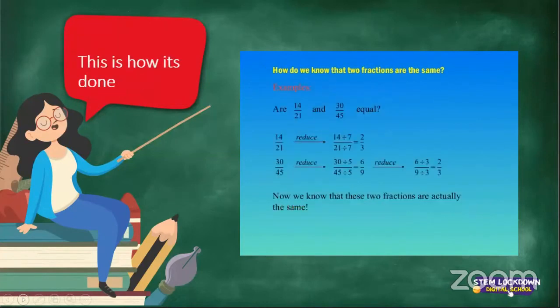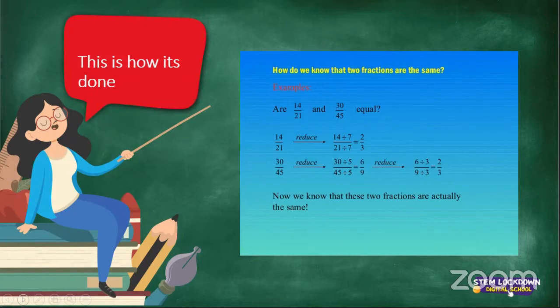Here you are given 14 over 21 and 30 over 45. And the question is, are they equal? We look at 14 over 21 and we reduce it. We can divide both 14 and 21 by 7.